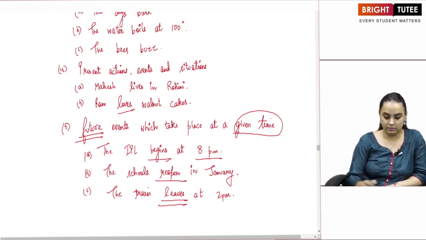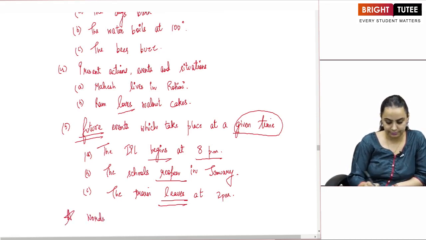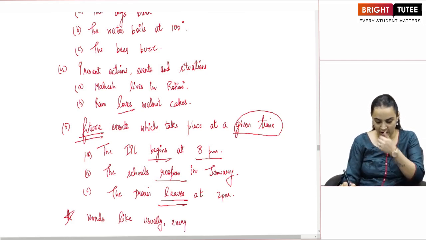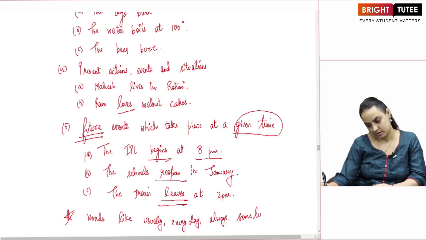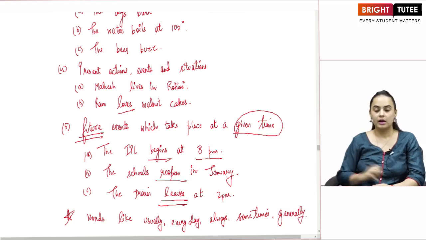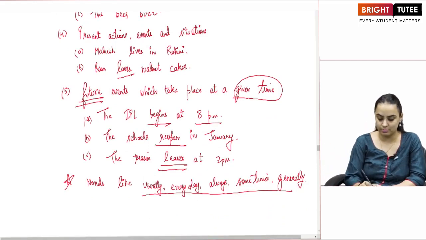Now, one thing that we always have to remember, words like usually, every day, always, sometime, generally. Now, if you come across such words in your sentence, then you have to remember that these words are used to express which tense?